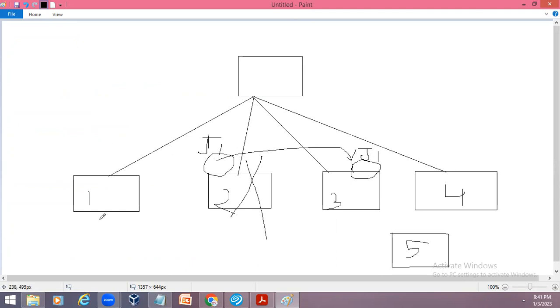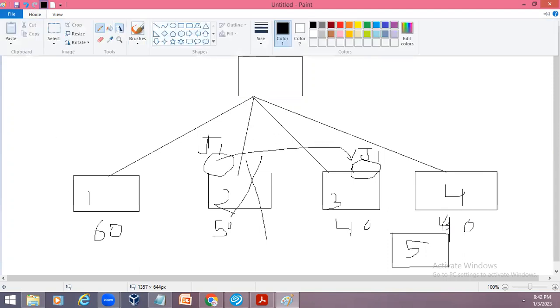Let's say for the 20 terabyte, this contains 60 GB, this contains, let's say, 50 GB, and these two contain 40 GB. So what my system does is spawn up 4 jobs. Let's say job 1, 2, and 3, like that.